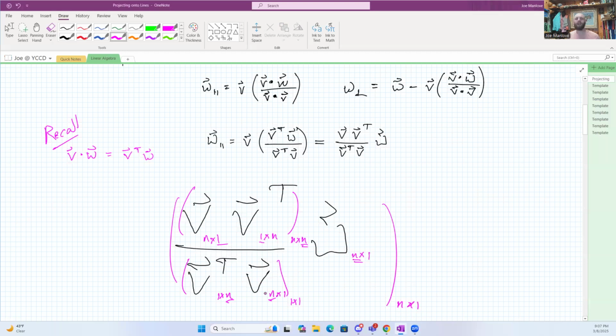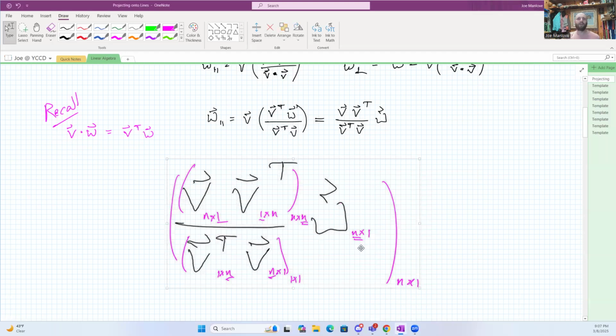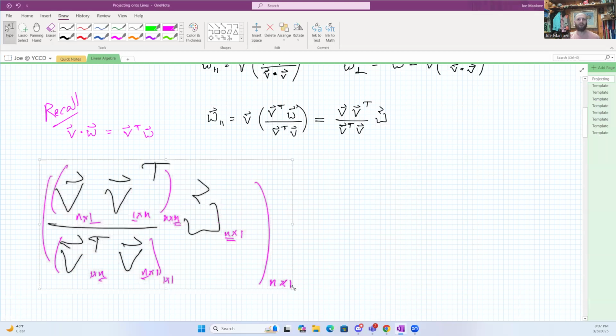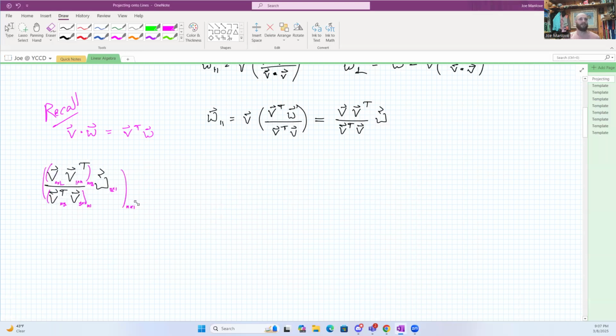Dividing by the scalar doesn't change the fact that it's a vector. Be on board with that? So out of this, I got a vector, which is what I was expecting to get. So the reason for this whole business, and I'm going to minimize this to get it out of my way, we're just going to relegate that to the corner over there. So that's just my quick dimension check.